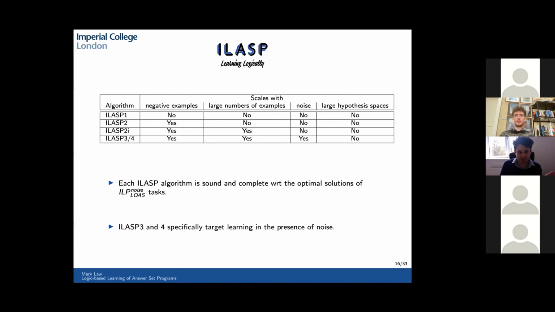We then released an iterative approach, very similar to ILASP 2, called ILASP 2i, but because it was iterative on the examples, it was able to deal with much larger sets of examples. And then ILASP 3 and 4, which I'm going to say a little more about later on, extend this to large numbers of noisy examples.